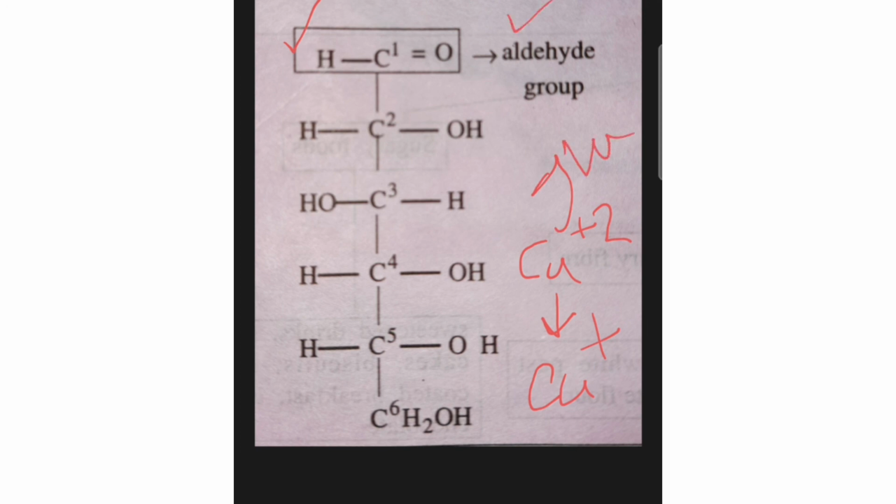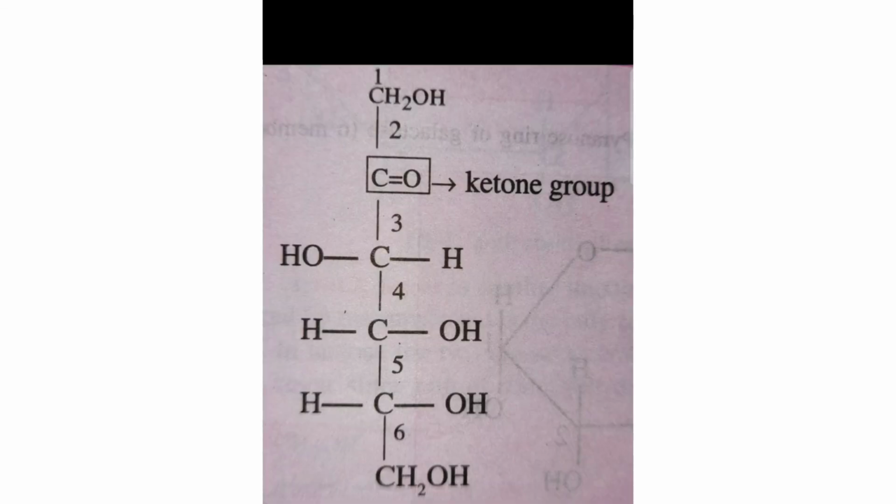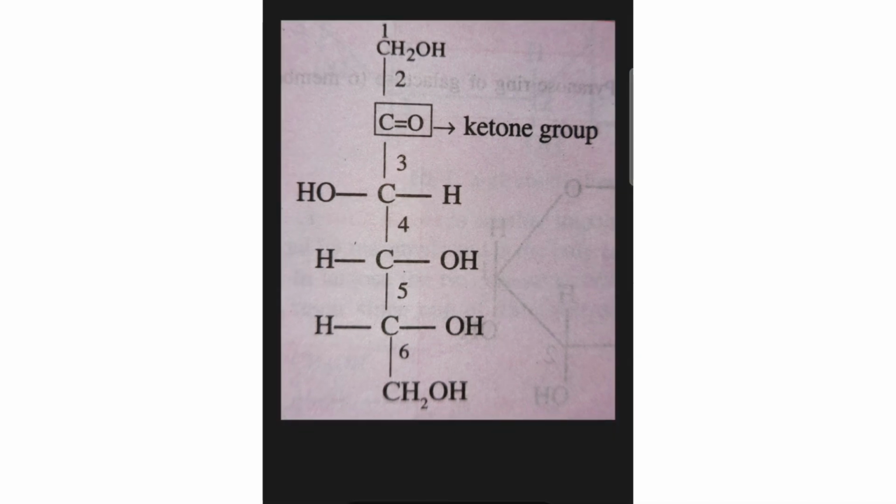Here it has the aldehyde group, so it is a reducing sugar. Also for fructose, you can see that it has a free ketone group. So that is why it is also a reducing sugar. So that is all about the reducing sugar.